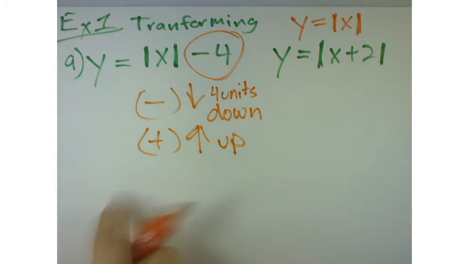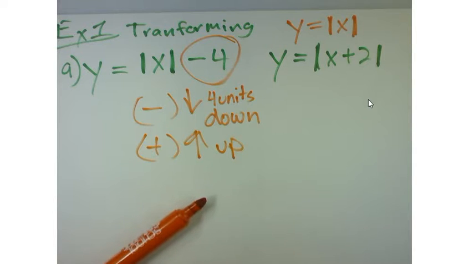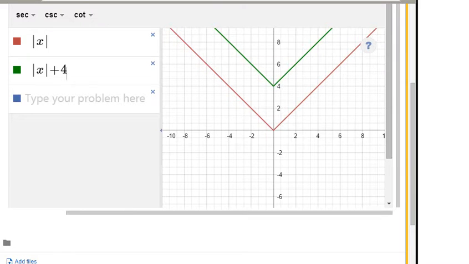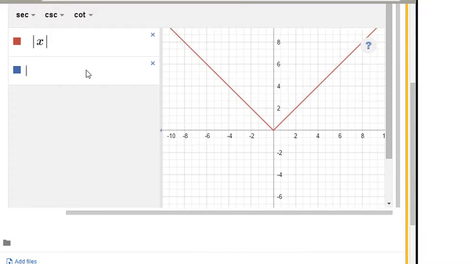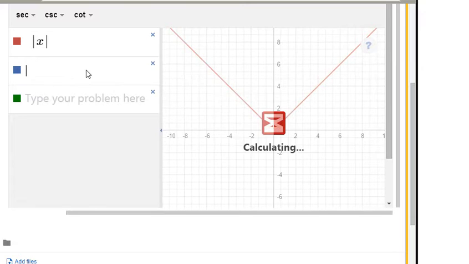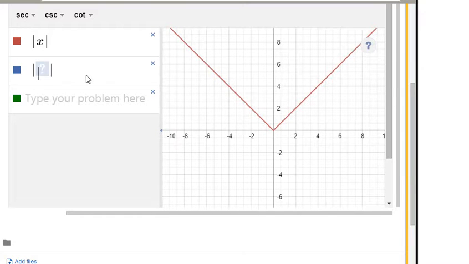That many units. Okay? Now what do you think happens over here with x plus 2 when I put the number inside the bracket? We would think maybe that it would move it to the left or to the right. So I'm going to delete this one and graph another one, the absolute value of x plus 2.